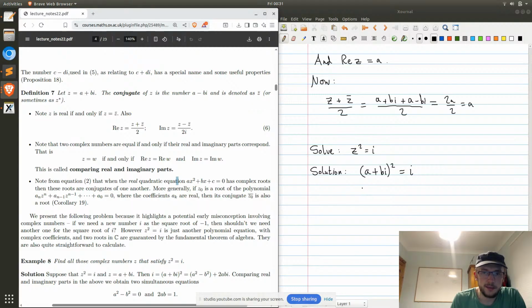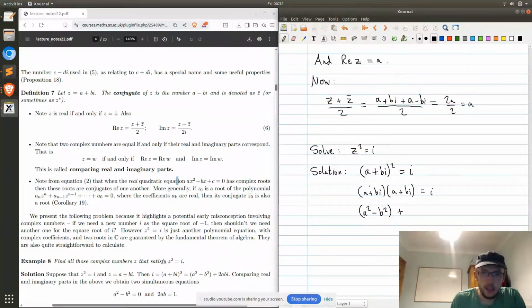So when I do that, I'll have a plus bi times a plus bi, and that, as we've just seen, is a squared minus b squared for the real part, plus 2ab all times i, equal to i itself.